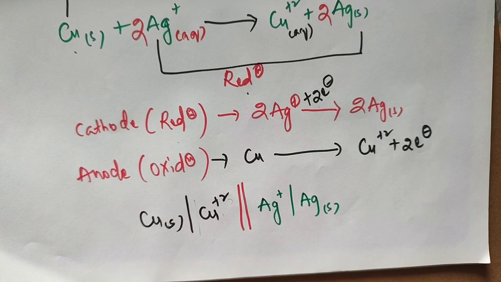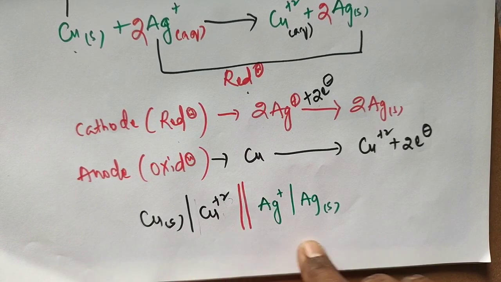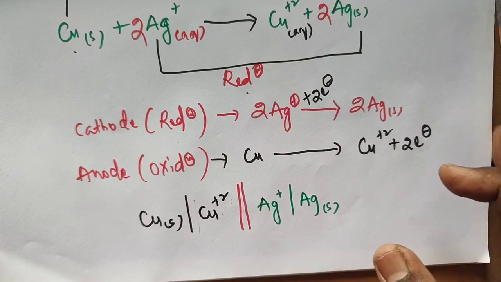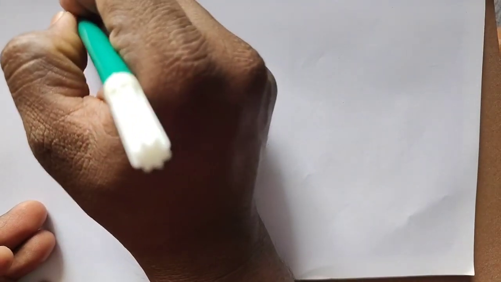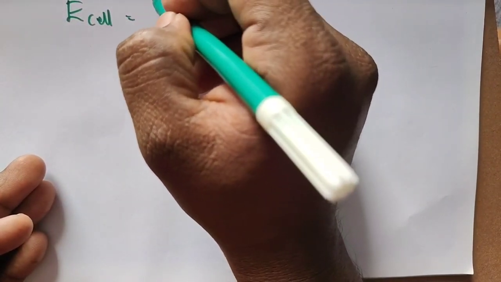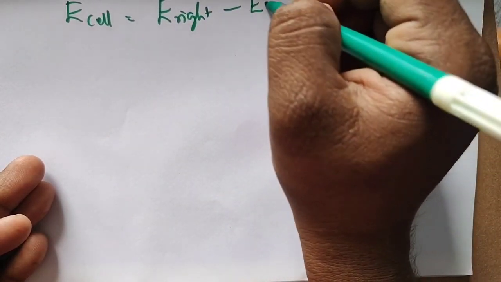Another example: take any redox reaction and write it this way. This is the anodic one, and this is the cathodic one. What is the E cell equal to? E right minus E left.